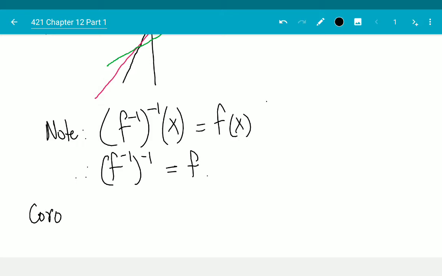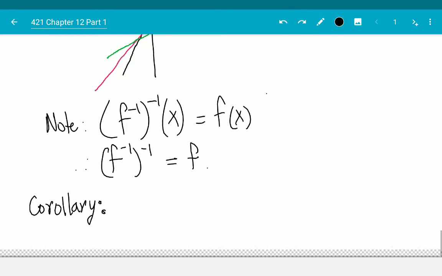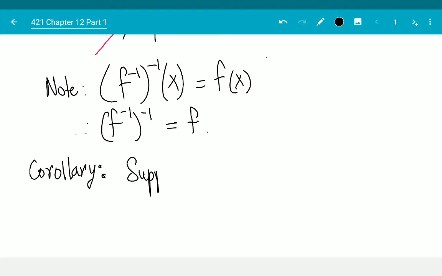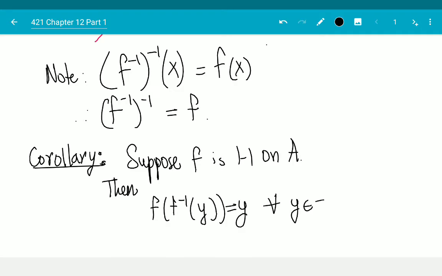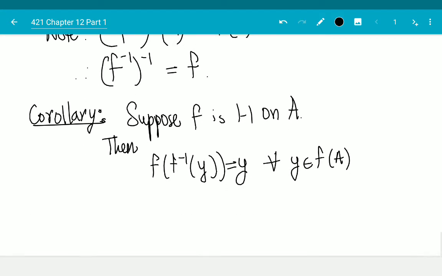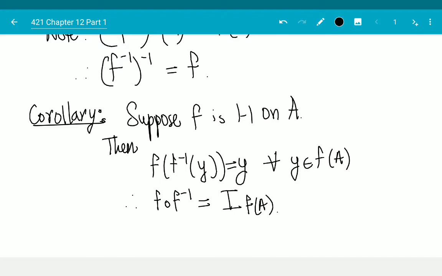Okay, corollary. Suppose f is 1 to 1 on A, then f of f inverse of y is equal to y for every y in f of A, and therefore f composed with f inverse is equal to the identity on f of A, right?